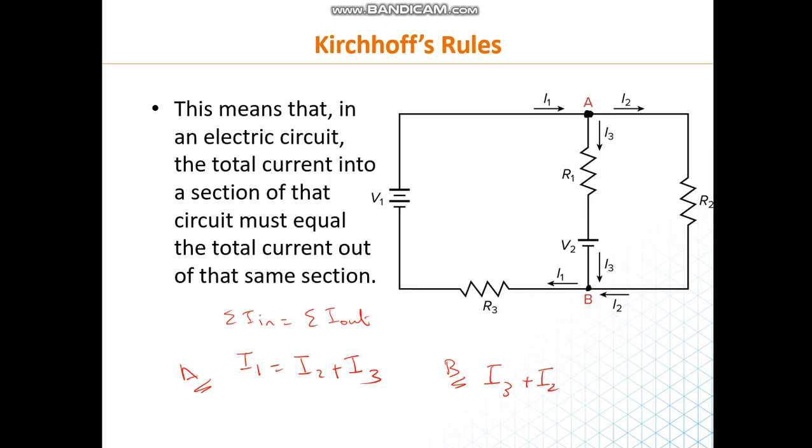You can say I2 plus I3, it doesn't matter, these are going into B. What is going out? Only I1. And as you know, I1 is equal to the two parts, I2 and I3. So this is called the junction rule.